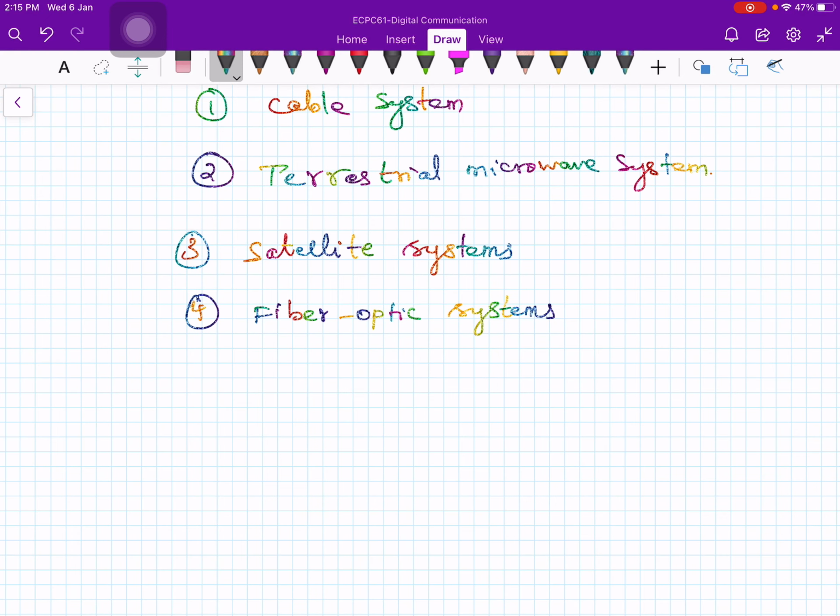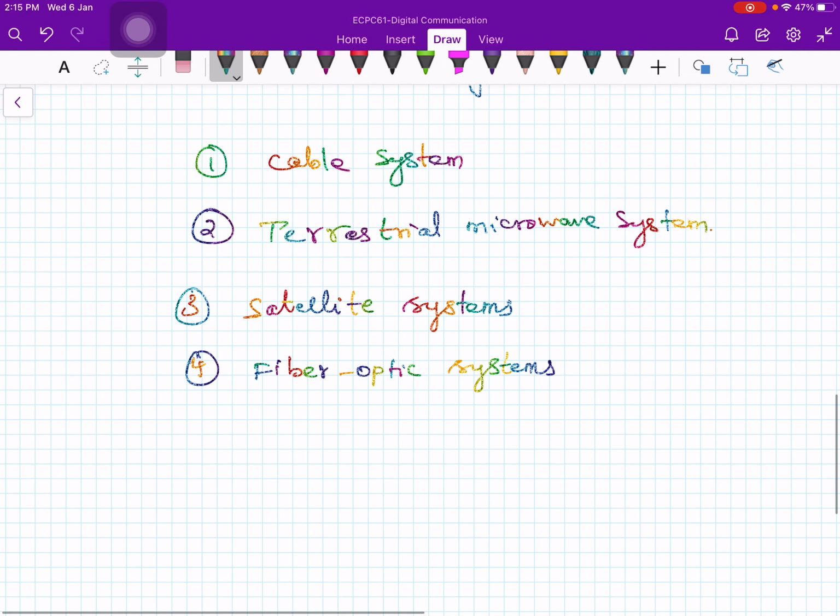Now each of these kinds of systems has a fraction of analog part and digital part. In the earlier days, the cable systems and terrestrial systems all started with an analog part, and slowly we changed to the digital part.